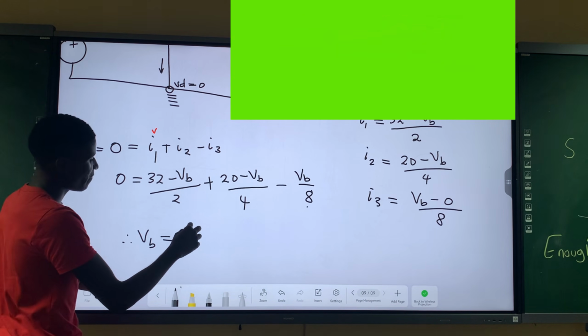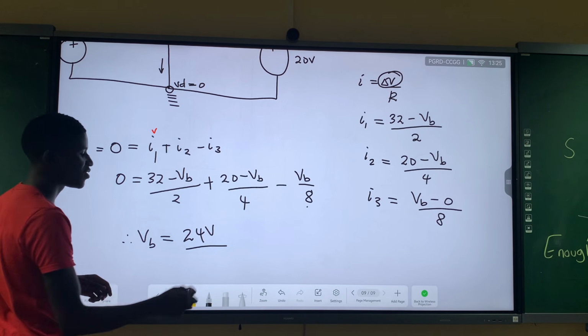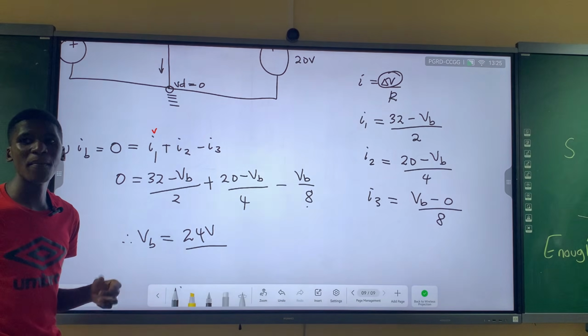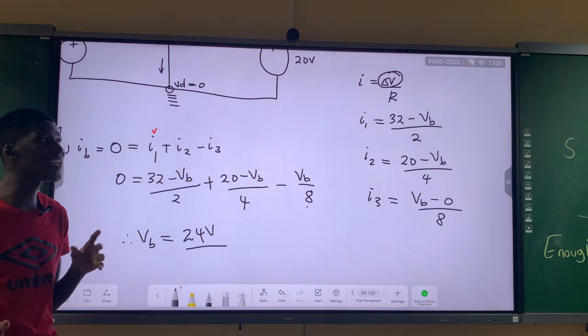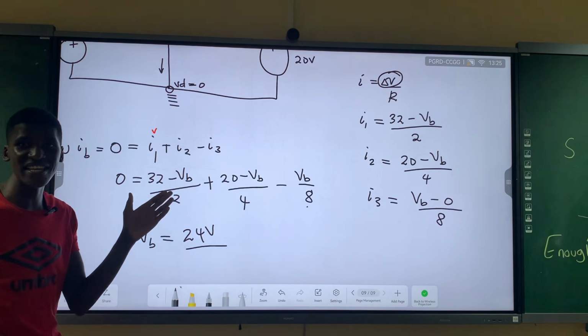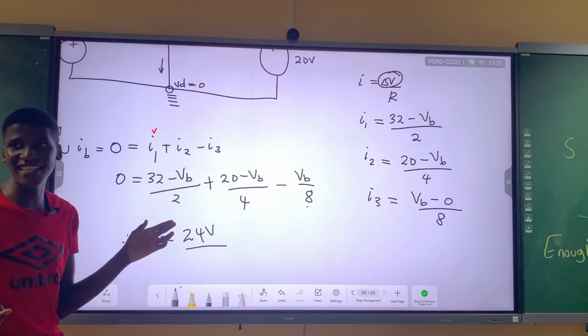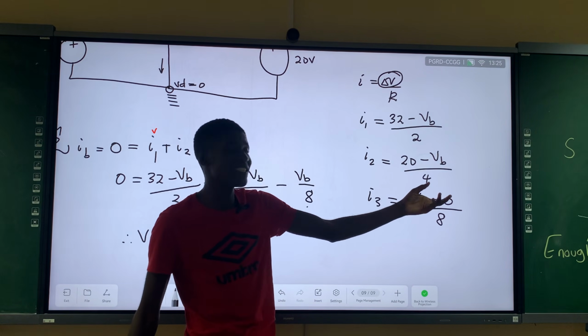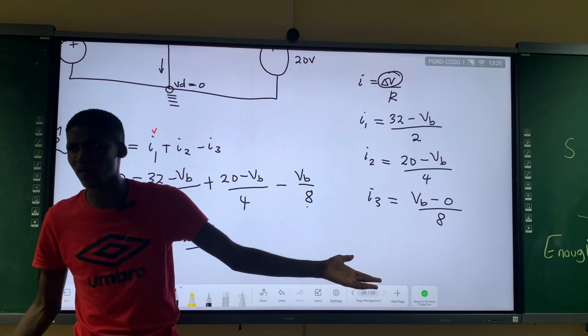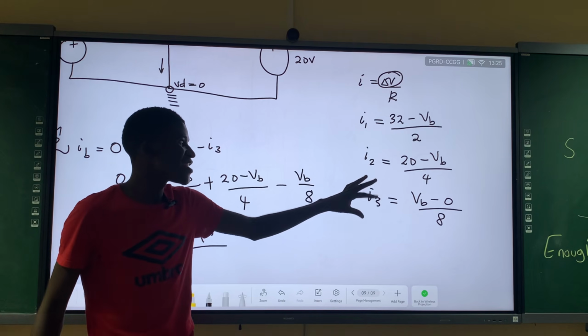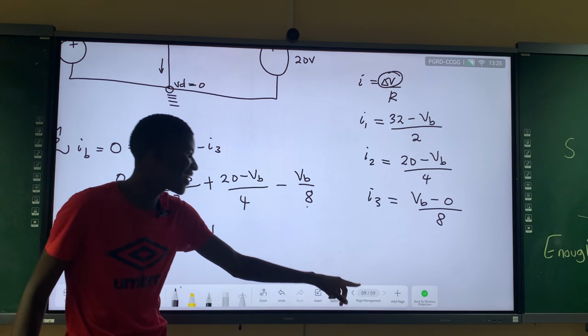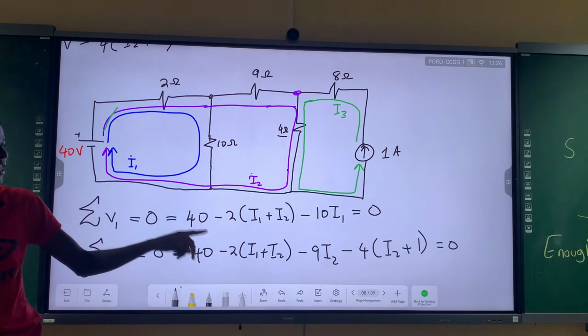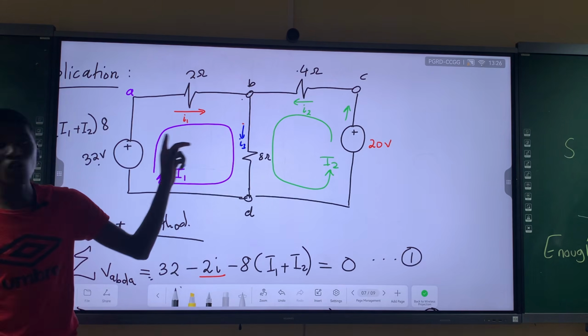The Vp there is 24 volts. So maybe calculate the currents I1, I2, I3 using the node voltage analysis. You just take Vp and substitute it into the current expressions, and you'd find the same thing exactly as we did when we were using the other method, which was the loop current.